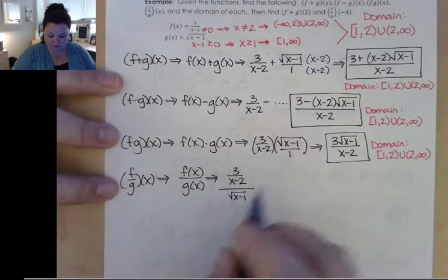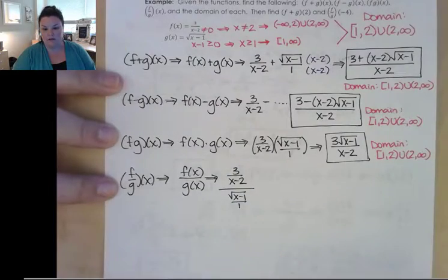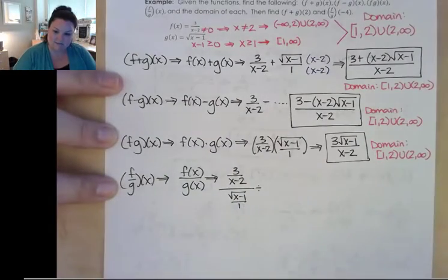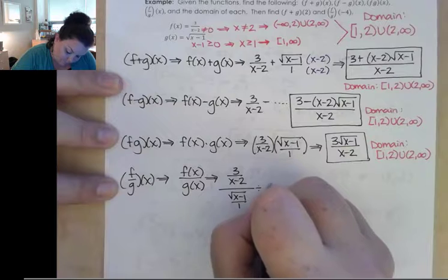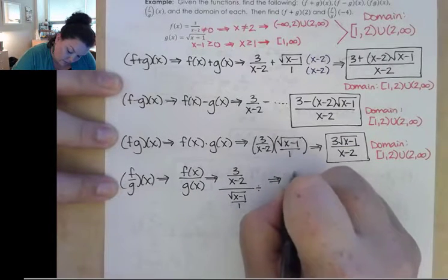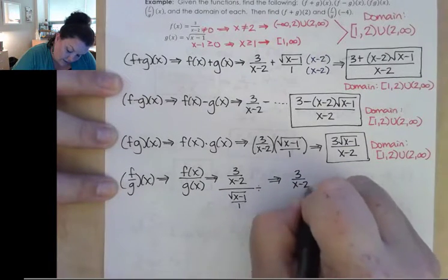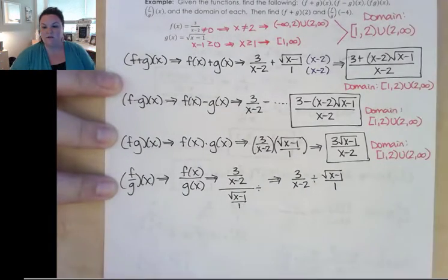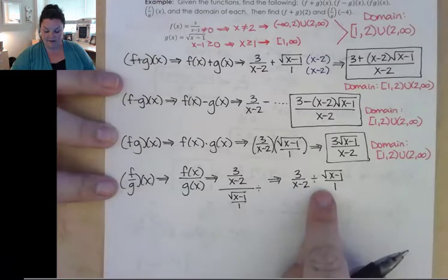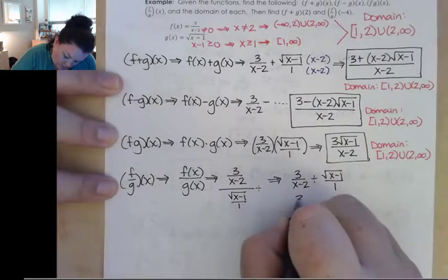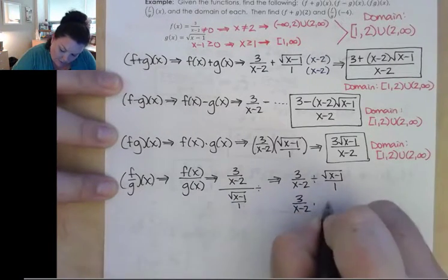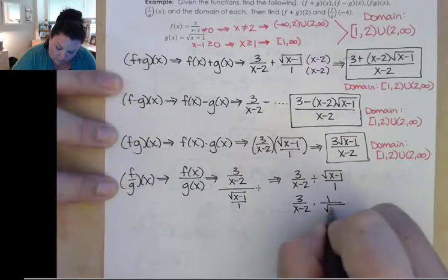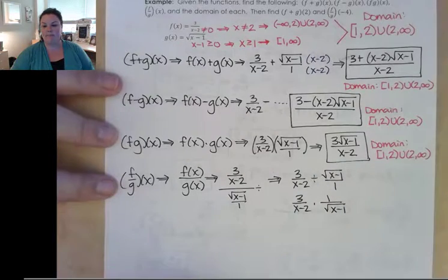So I'm going to say the square root of x minus 1 over 1. And then I'm going to write this as a division. So we have 3 over x minus 2 divided by the square root of x minus 1 over 1. When we divide, we multiply by the reciprocal. So 3 over x minus 2 times 1 over the square root of x minus 1. And then we can go ahead and just multiply straight across.